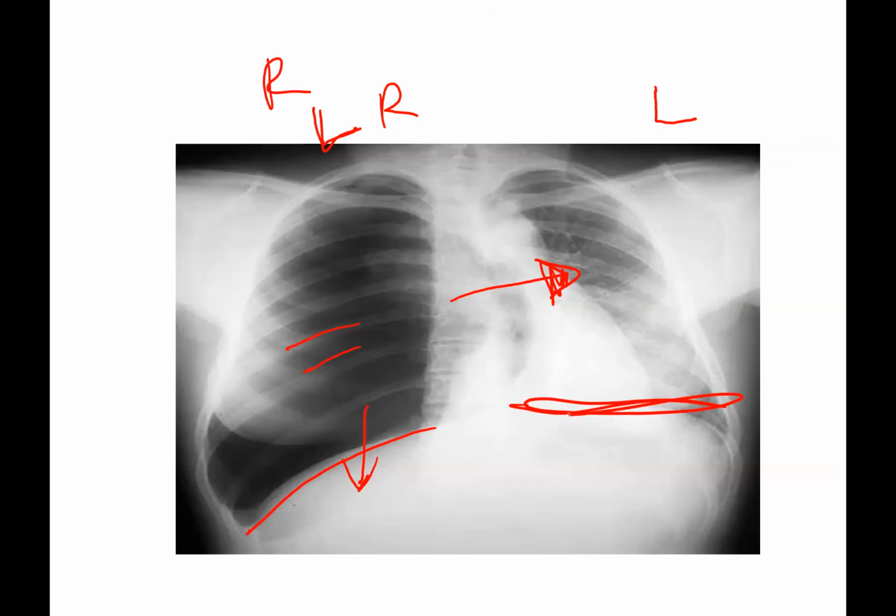Now, how is tension pneumothorax treated? After this, I think we are going to stop here. How do you treat tension pneumothorax? Who wants to attempt? Who is Kingsley? Kingsley, are you with us?